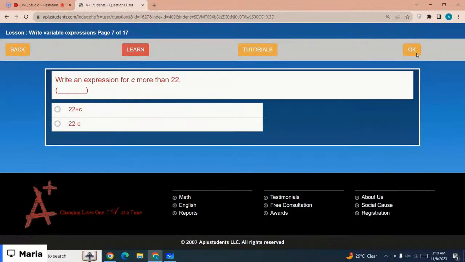The correct option is C plus 22, right? More than means you have to add. It is C more than, and more means you have to add. Just understand these words, more and less. More means you have to add, less means you have to subtract, right?